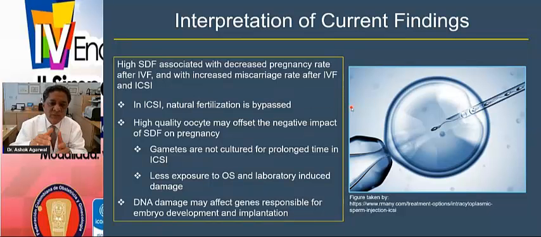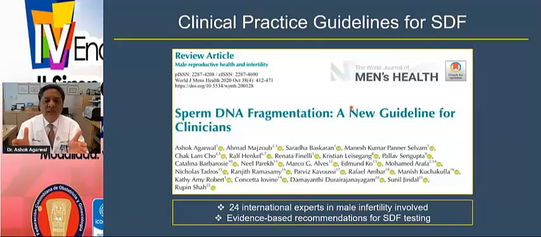That's why we don't see a very good relationship with pregnancy in ICSI. Also, gametes in ICSI are not cultured for a very long period of time, unlike in IVF, and there is less exposure to oxidative stress conditions induced by laboratory manipulation. And the DNA damage may affect the genes responsible for embryo development and implantation.